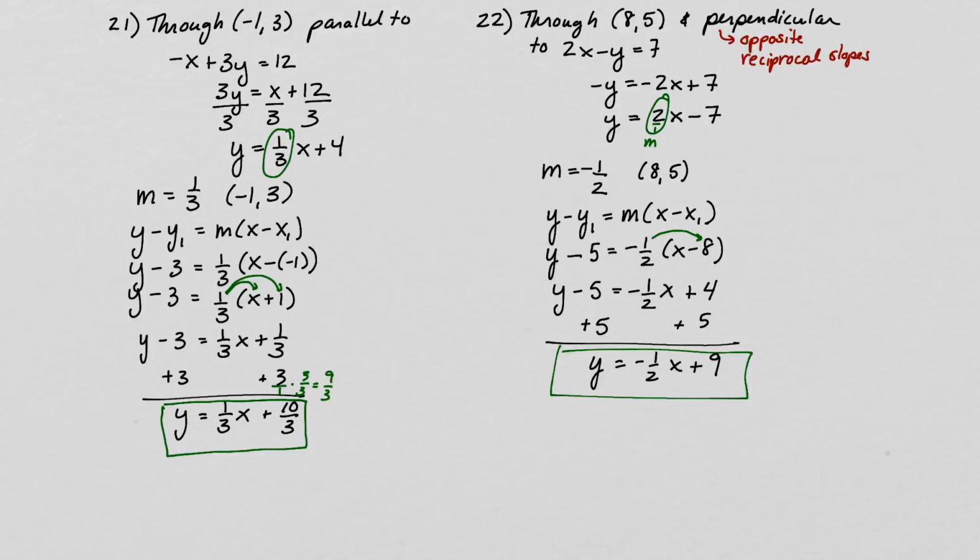And then I think we have one more of those. We do. So 23 is similar. Again, we're going to go through the point 2, negative 7 and perpendicular to 5x plus 2y equals 18.